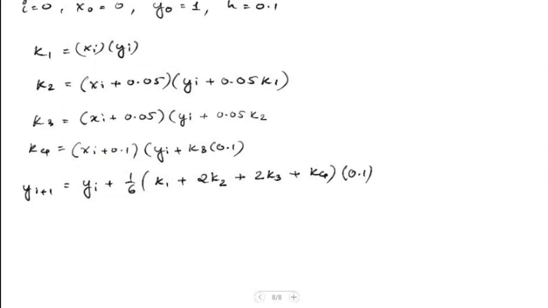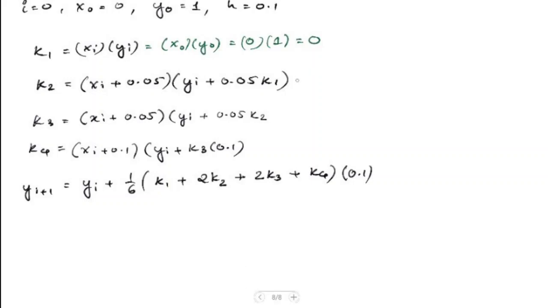So now here we'll have x0 times y0, so that will be x0 is 0 times y0 is 1, which is equal to 0.